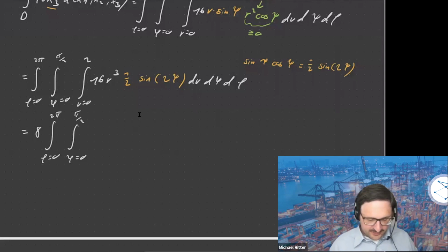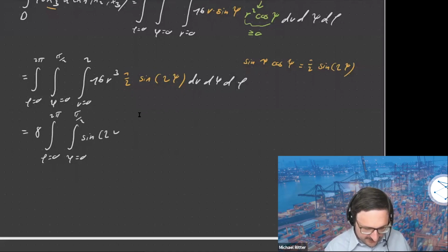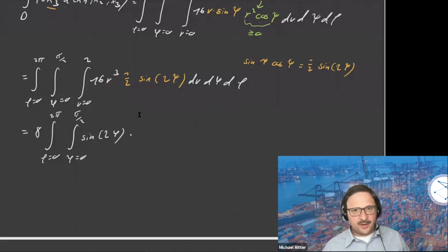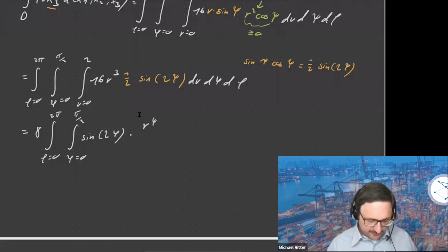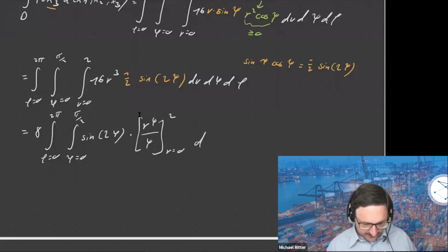And let's compute the r integral. This part here depends only on psi, so we just copy that. And then we have r to the third. And the integral of r to the third is r to the power of 4 over 4, r from 0 to 2, d psi, d phi.